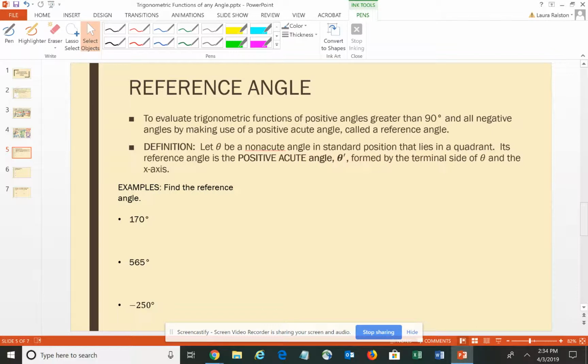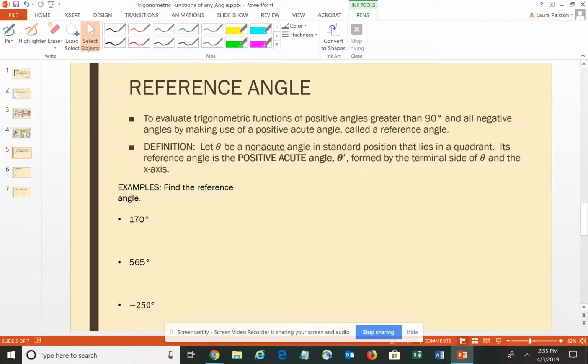And the definition of a reference angle is, if you have a non-acute angle in standard position that lies in a quadrant, the reference angle is the positive acute angle formed by the terminal side and the x-axis.